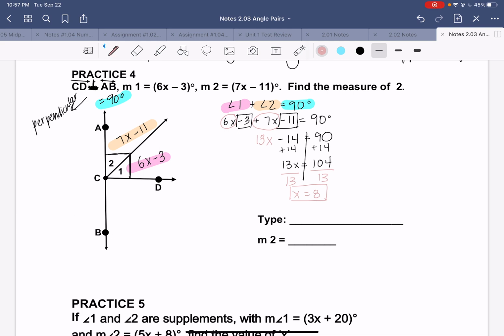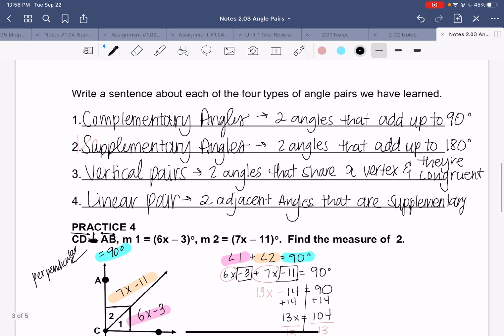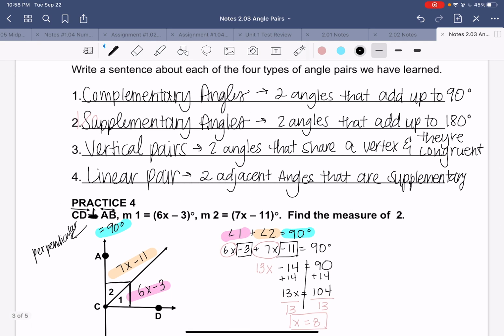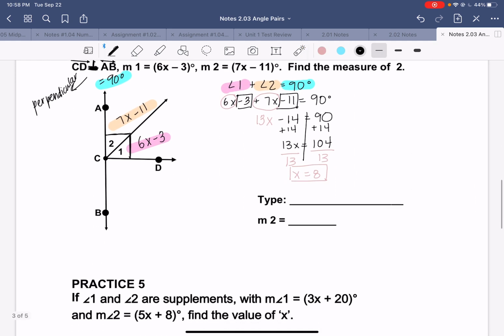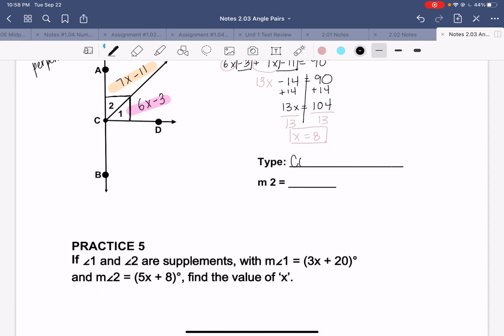All right. So let's determine the type of pair right here. Okay, so if we have two angles that add up to 90, let's go back up to our little statements up here. What is it called when two angles add up and equal 90? Complementary. So this type is a complementary angle.